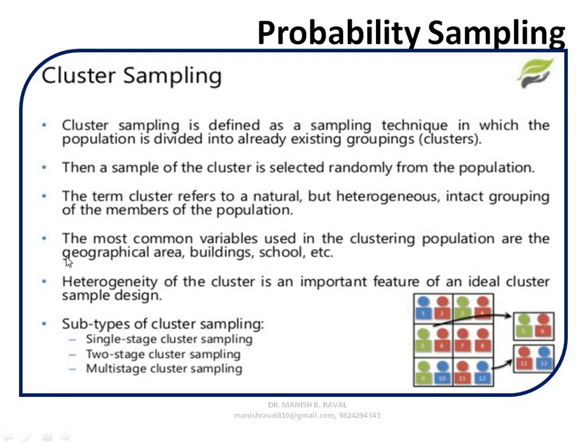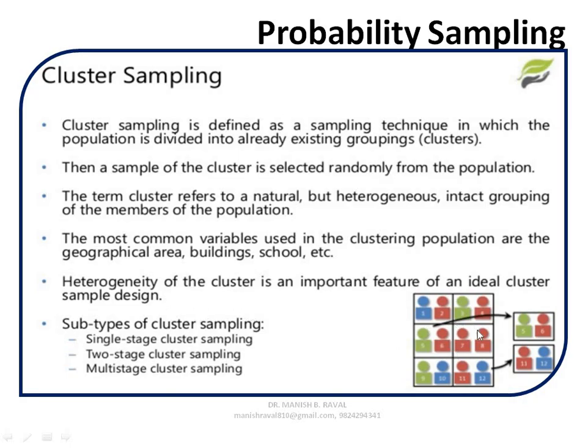For example, people residing in area X, or people residing in building B, or the students studying in XYZ school. On the basis of that we prepare the group, and that group is known as the cluster. Heterogeneity of the cluster is an important feature of an ideal cluster sampling design.